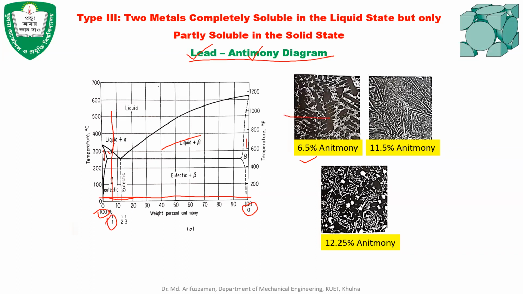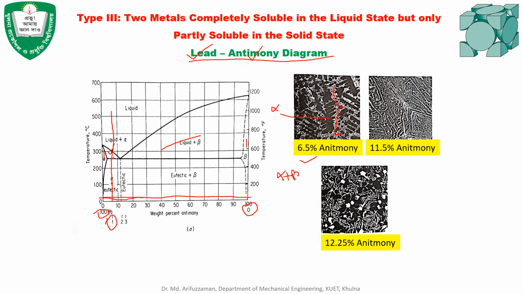Crystals that have been produced here will be alpha. That means it will have more lead and 6.5% antimony in this region. And the rest of the liquid that was present before this eutectic temperature line will be converted to eutectic mixture. These regions indicate the mixture of alpha and beta, alpha plus beta. That is the eutectic mixture.